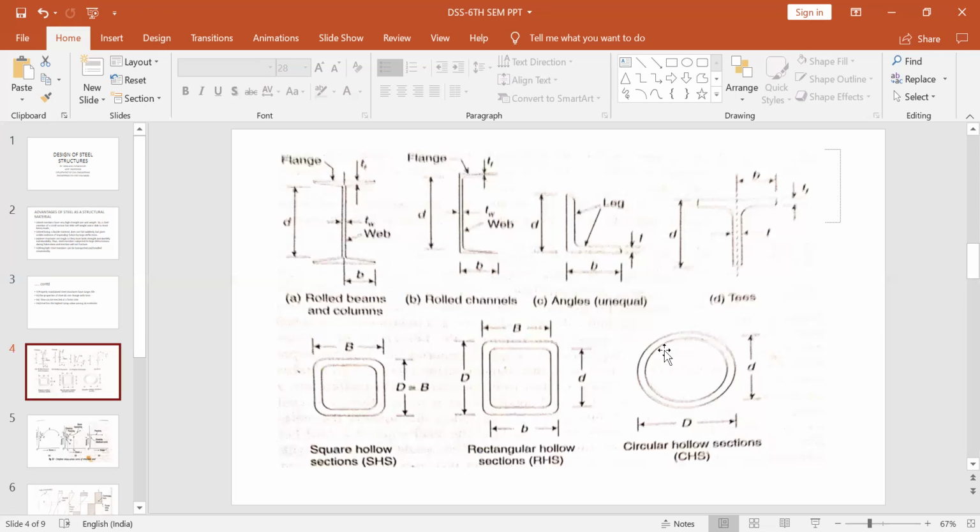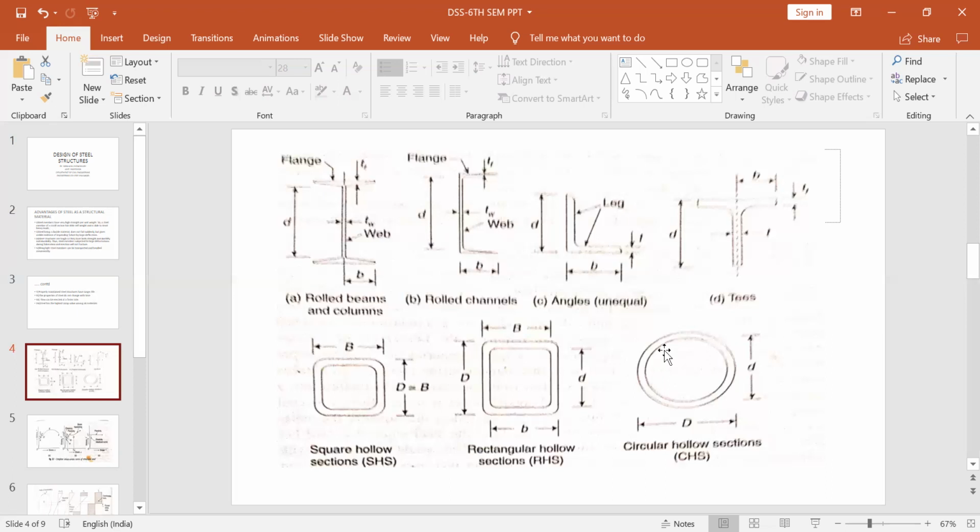Now there are two types of steel that are being used here, some of which will be discussed.